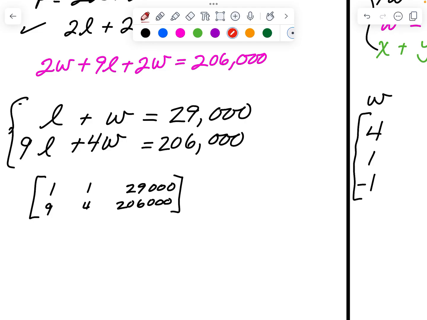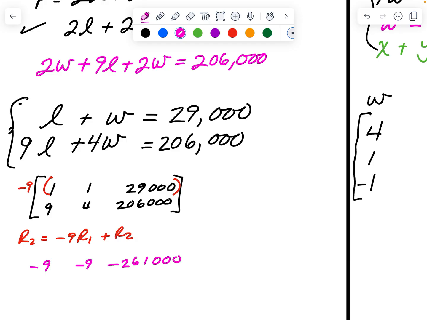And I think my new R2 is going to be negative 9 R1 plus R2. So if I multiply this by negative 9, I would have negative 9, negative 9, and negative 2, 6, 1, 1, 2, 3.